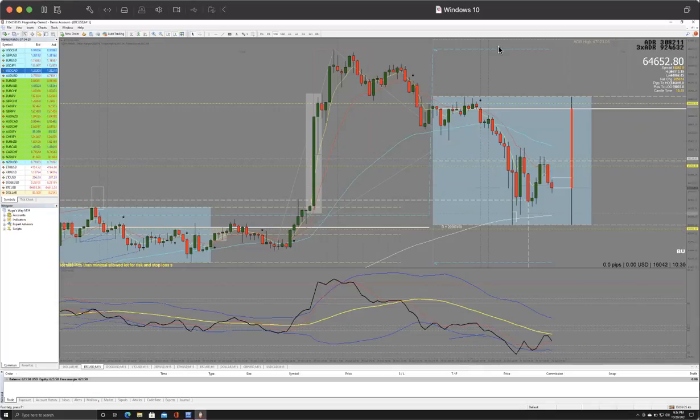I am familiar with ICT concepts, and I do blend those with Beat the Market Maker as well, but that's just really like order blocks and the CBDR range and different stuff like that, but do the swing and stuff. So yes, I definitely trade Beat the Market Maker, and I trade on all time frames to be exact, even down to the 1 minute. And like I said, I also trade binary as well.